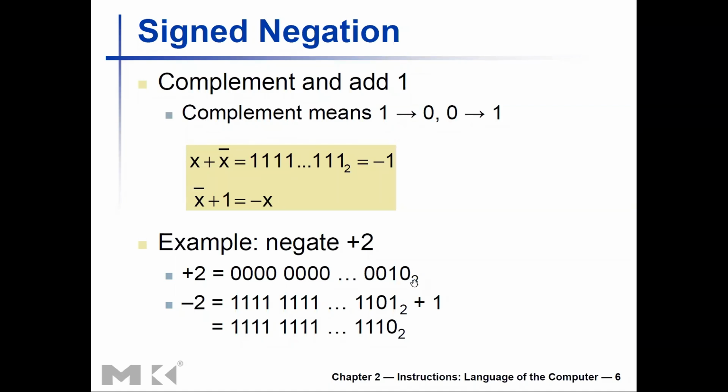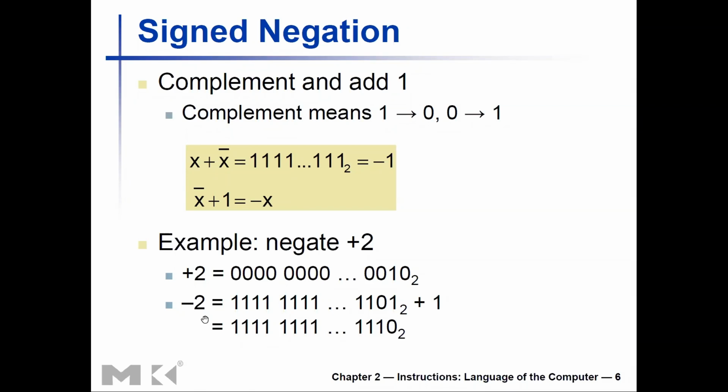And the negative 2 you can get by applying this method we discussed earlier. So you first need to complement it. If you complement this bit representation, what you will be getting is 1, 1, 1, 1 and 1, 0, 1. And when you add 1 to that, the number you are getting is this one, which is going to be the 2's complement representation of -2.